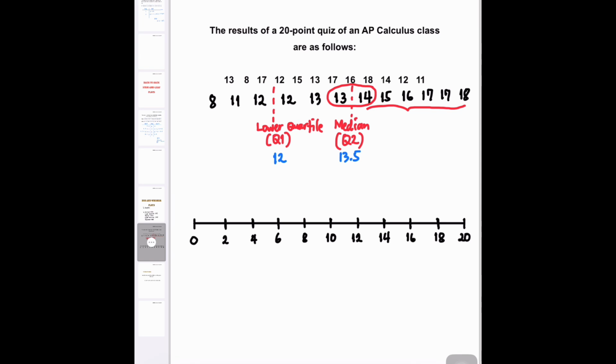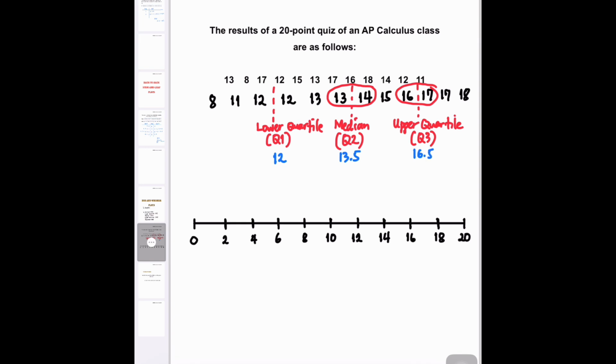By looking at the data values to the right, we can say that the median, or the Q3 rather, the upper quartile, is positioned here. And to get the value of the upper quartile, we just need to involve these two numbers right here. So you get 16 plus 17 is 33, and divided by 2, that's going to give us 16.5. So our Q3, or upper quartile value, is 16.5.